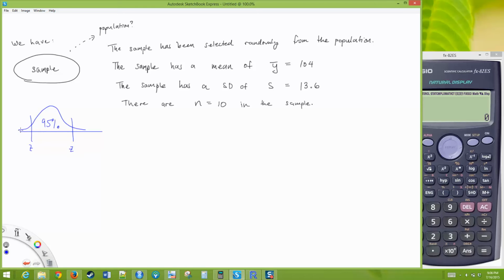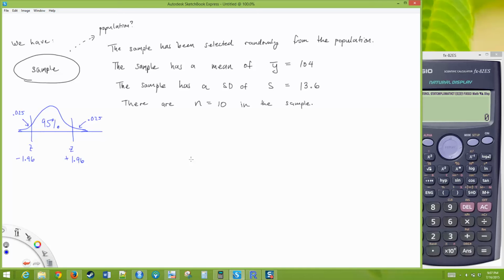Well, how much would I want in this tail over here, and how much would I want in this tail over here? I would want 0.025, right? And 0.025. And so if I look this up in the z table, I would see that the z-score that gives me 0.025 is negative 1.96 and positive 1.96 over here. Okay?